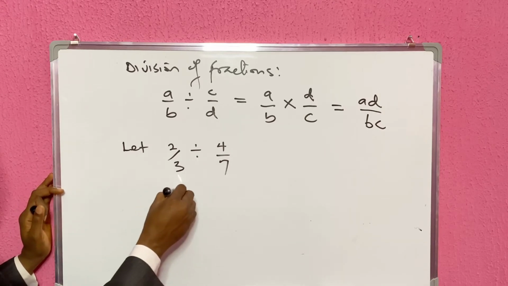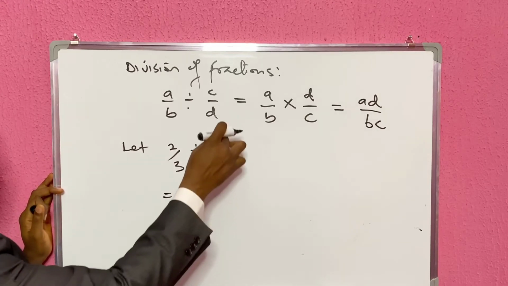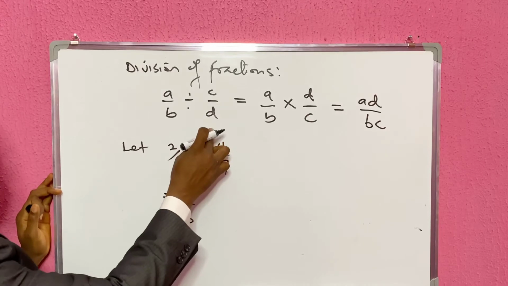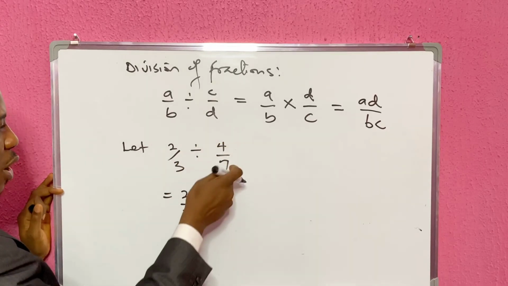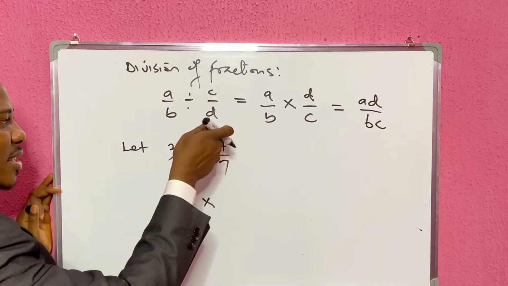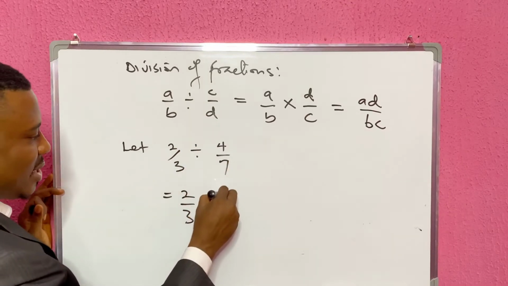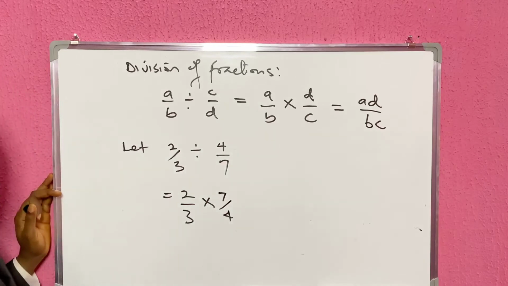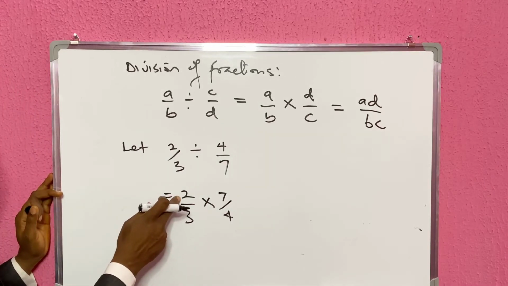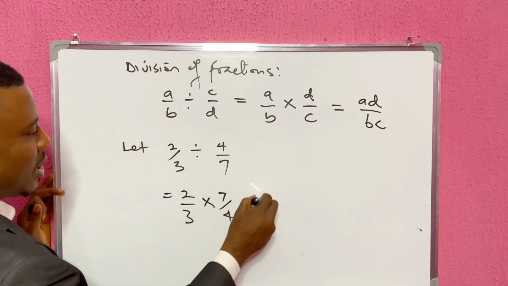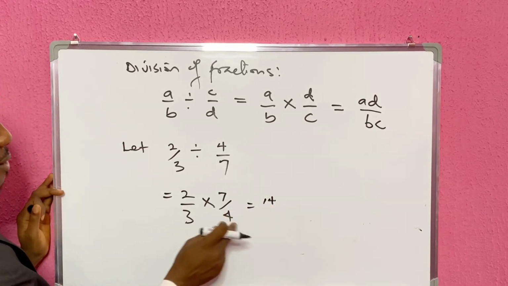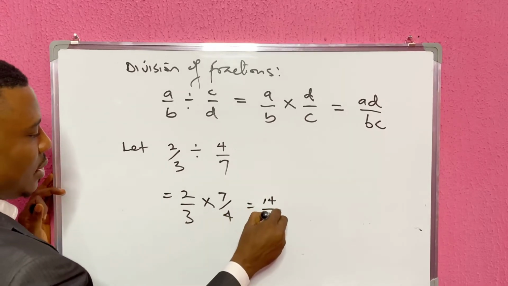To solve this, you say 2 over 3, and 4 over 7 is the divisor. You are going to interchange the numerator and the denominator by saying 7 over 4. Then multiply as usual. 2 by 7 will give us 14. 3 by 4 will give us 12.